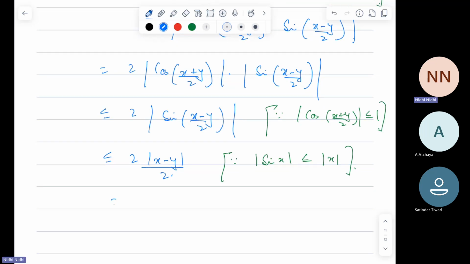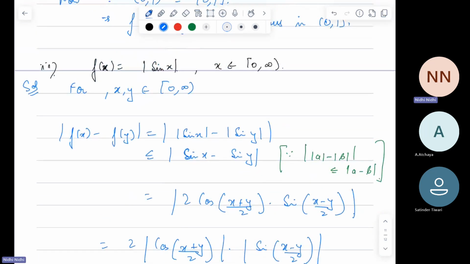Now this is equal to mod x minus y. Now if I take x and y such that mod x minus y is less than delta, I will eventually get mod fx minus mod fy is also less than delta.